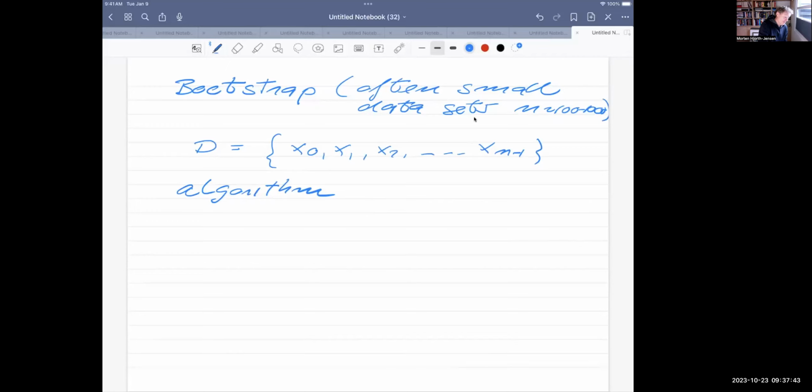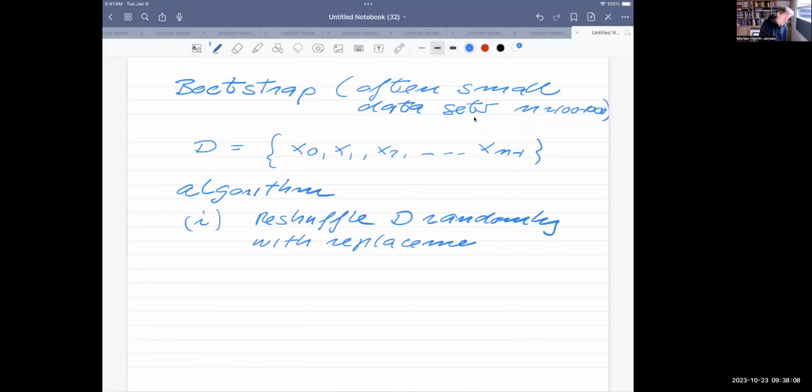So the algorithm here is: one, reshuffle your data randomly, reshuffle D randomly, and pick data sets with replacement. What does that mean?